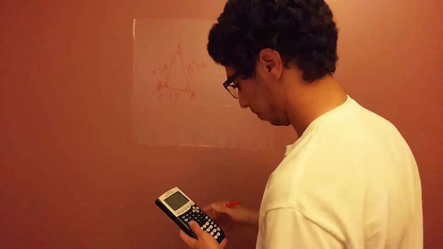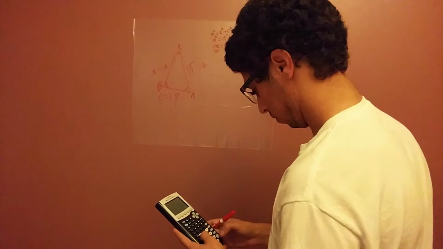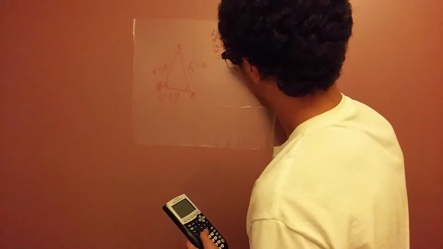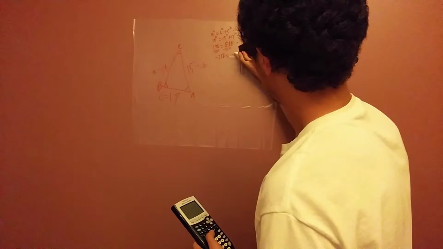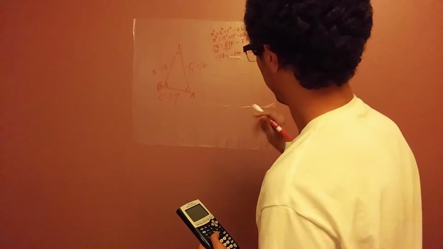So that's negative 318 equals negative 510 cosine A.